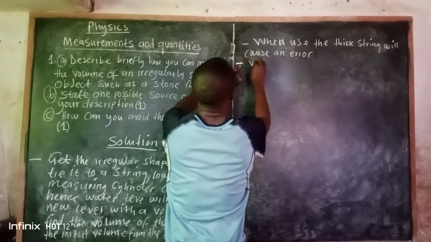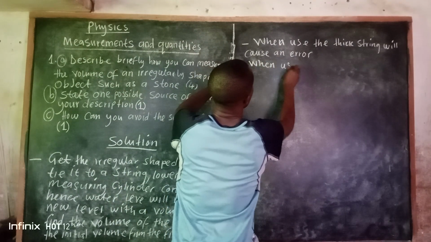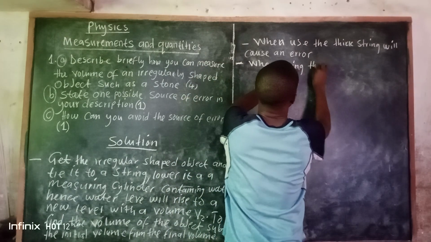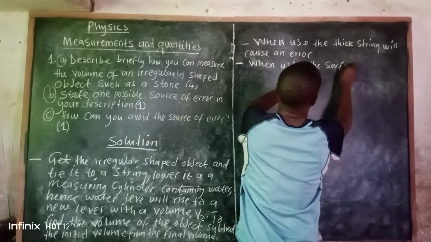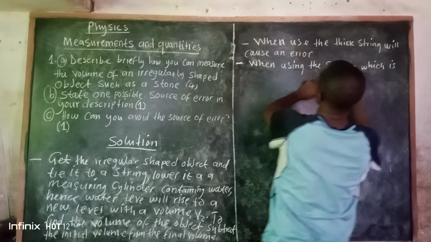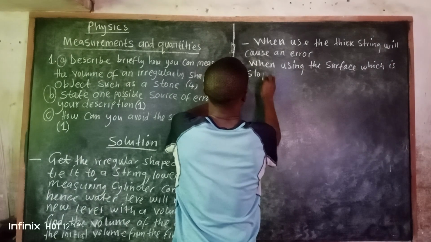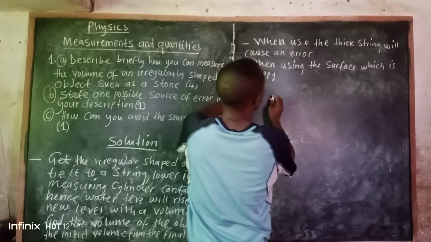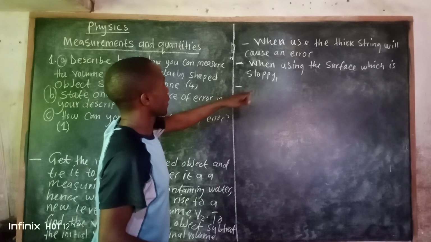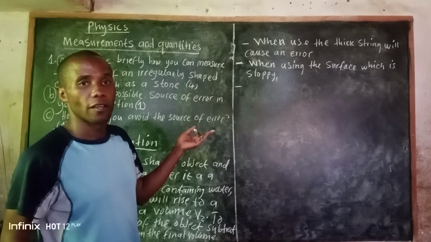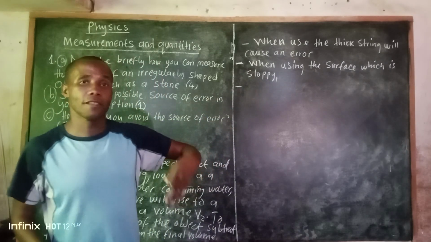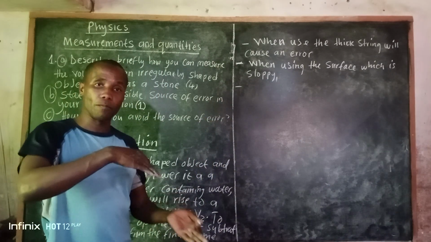So when using the surface which is slope, you put the measuring cylinder there, automatically you are going to get the wrong volume. Why? Because it will be like this.